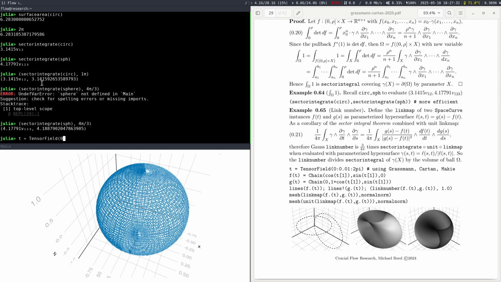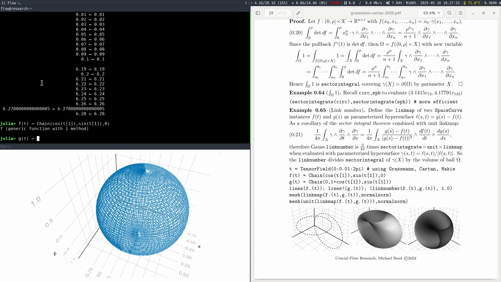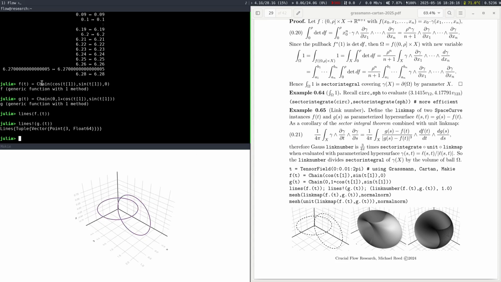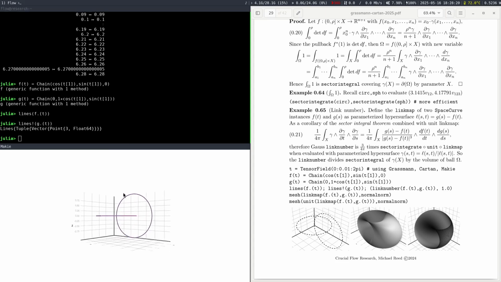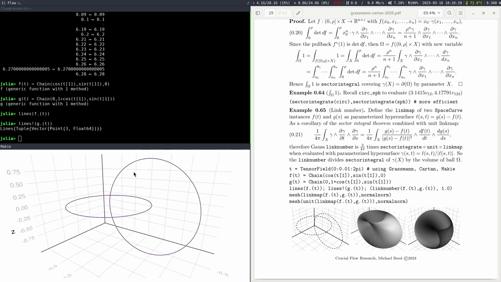Let's try out some examples. So here's an example with two curves, f of t and g of t, and they're just circles in this situation, but they're circles oriented in three-dimensional space.